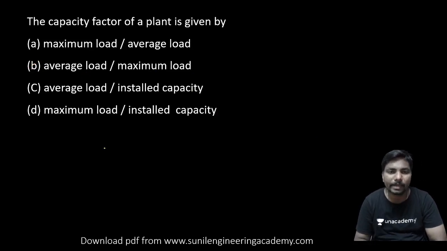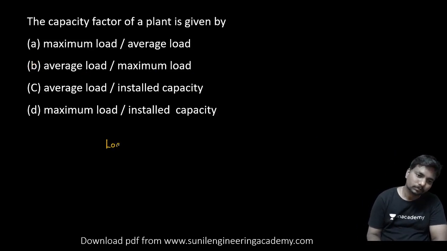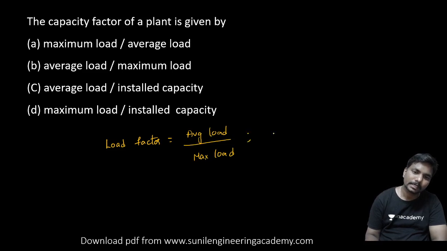Coming to the next one, the capacity factor. We know the load factor is associated with load: average load by maximum load. In the case of capacity factor, the difference is that in the place of maximum load, we have to replace it with installed capacity.